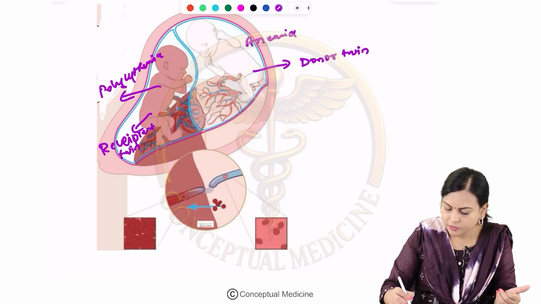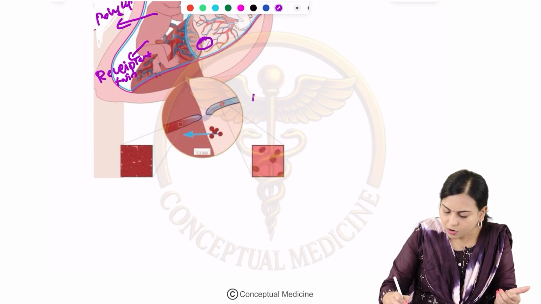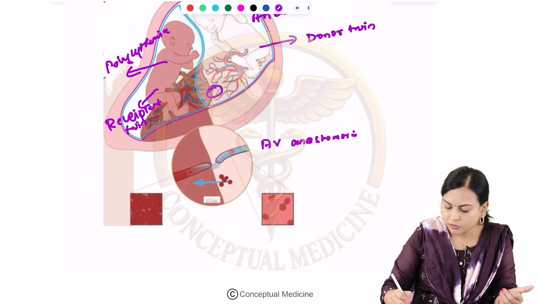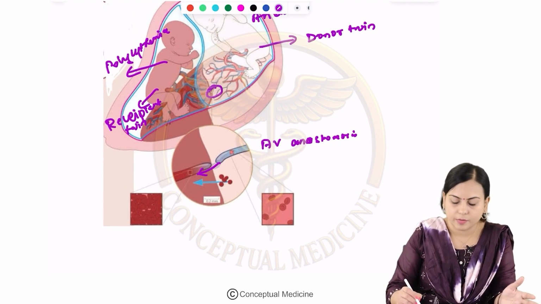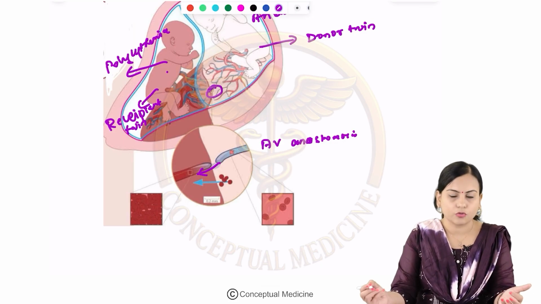And if you zoom this picture, you are able to see there is deep arteriovenous anastomosis that is present. So there is passage of red blood cells through these vessels. And increased RBCs and increased hematocrit in this twin leads to thrombosis.